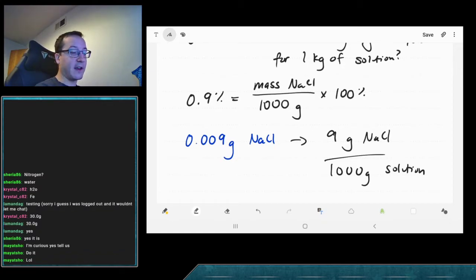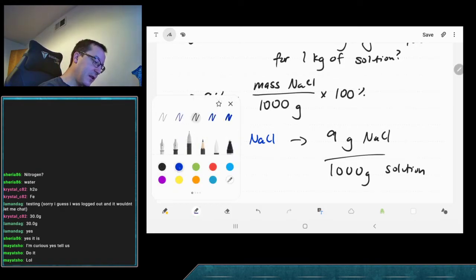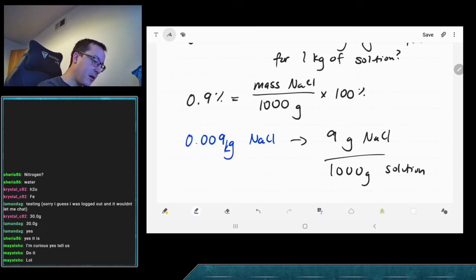So if we wanted to find grams of sodium chloride, we would actually need grams of solution. So the number we calculated was in kilograms, and that's why it seems so small to me. It's the same thing as saying 9 grams per 1,000 grams of solution, because it's 0.009 kilograms. So that would be our answer there.